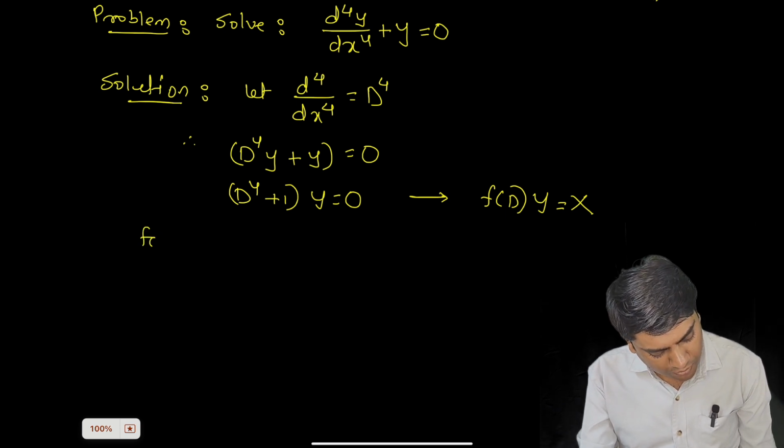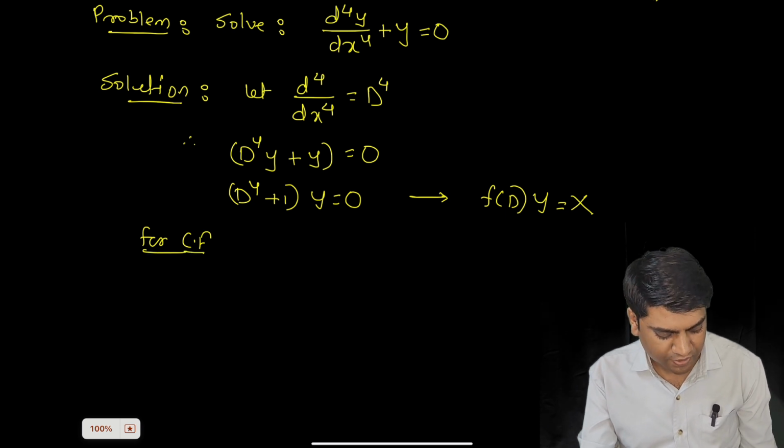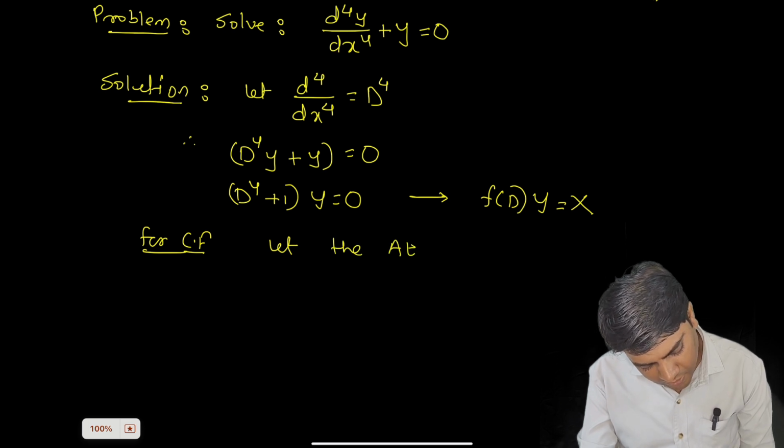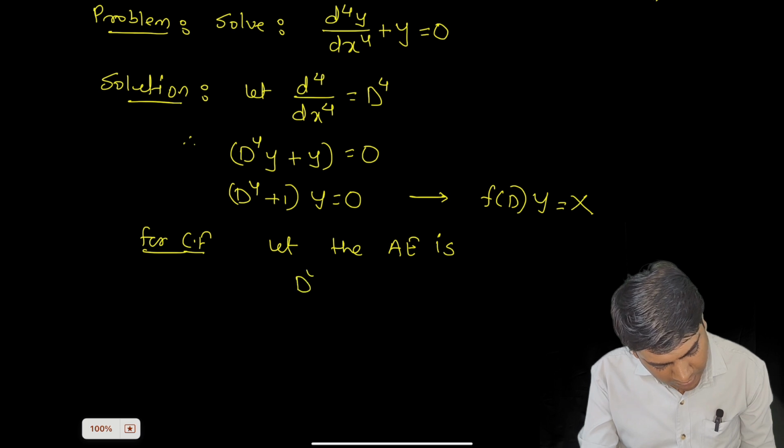So first we'll solve for CF. The auxiliary equation is D raised to 4 plus 1 equal to 0.